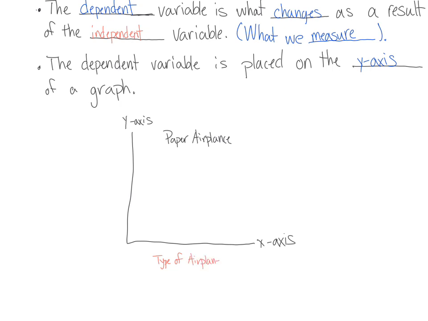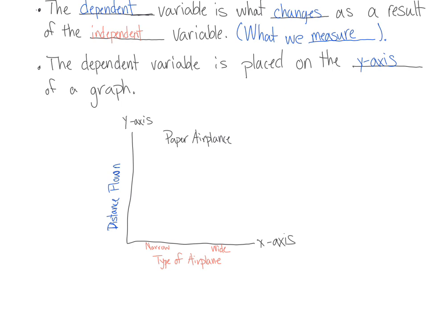There were two types: a narrow airplane and a wide airplane. Those are our two types. On the y-axis goes the dependent variable, and that was distance flown, so how far those airplanes actually flew.